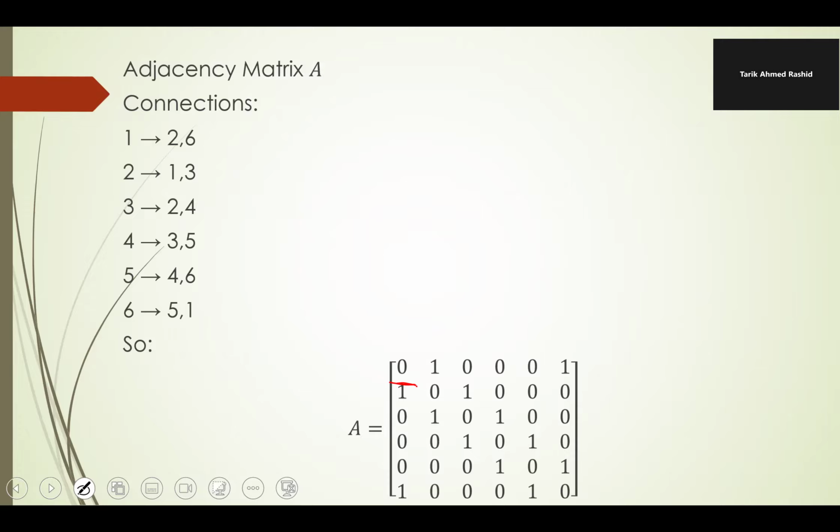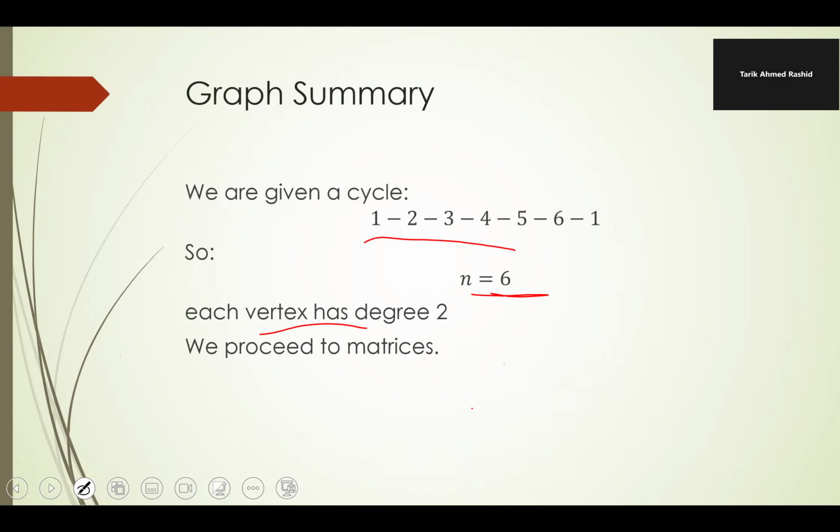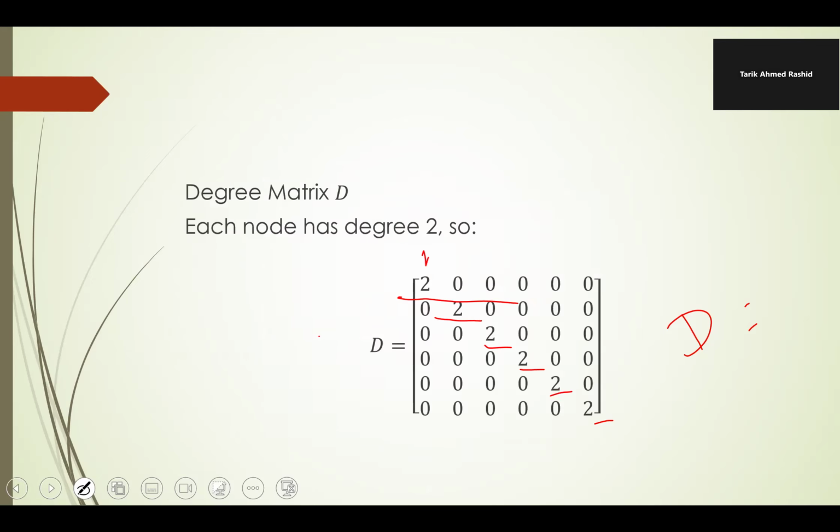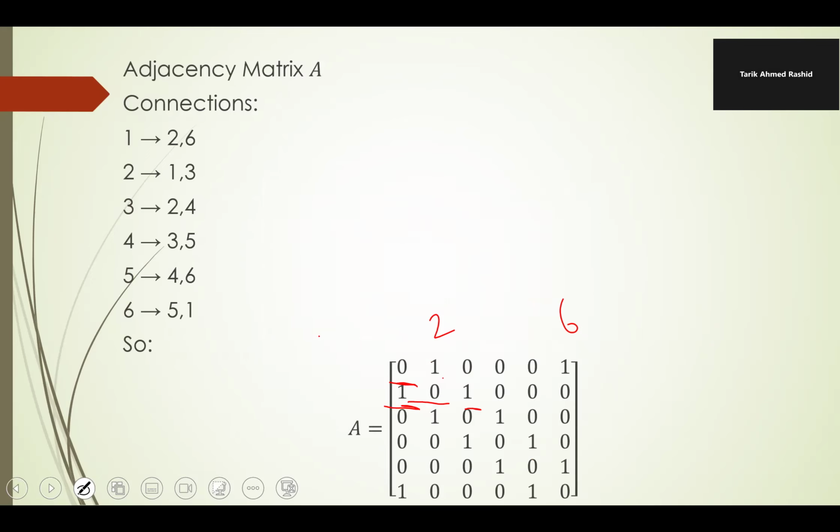Node 1 is not connected to itself, but it's connected to 2 and 6. So that's 2 and 6. Node 2 is connected to 1 and 3, but not to the rest.